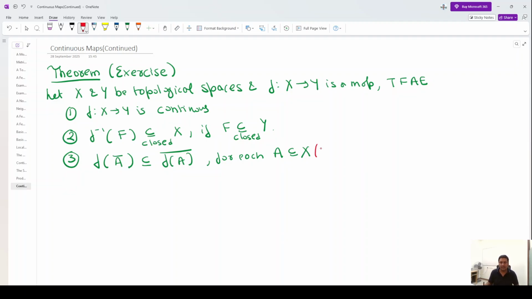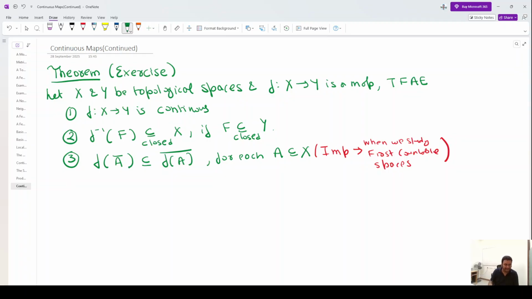And this is one of the most important conditions. We will encounter this when we study first countable spaces. There is something called first countable spaces, and particularly this equivalent condition for continuity actually plays a crucial role there.